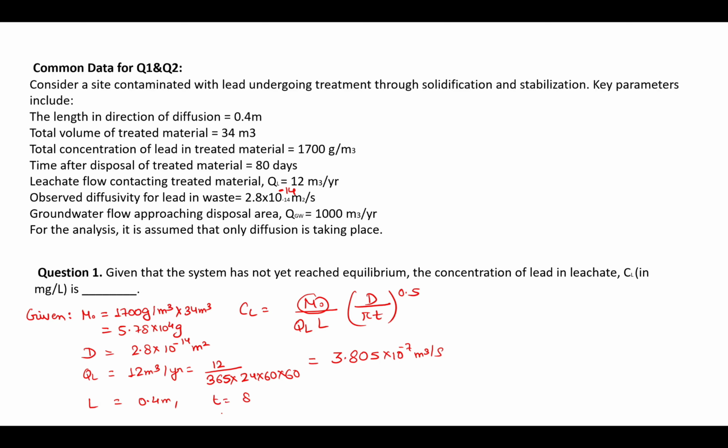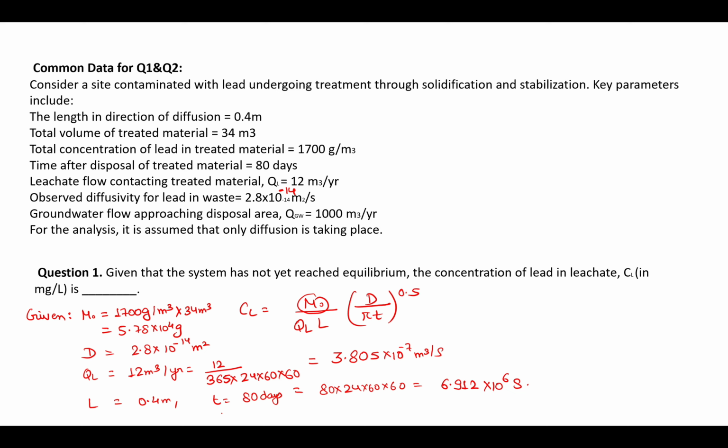We will convert these days into seconds: 80 into 24 into 60 into 60 comes out to be 6.912 into 10 raised to the power 6 seconds.